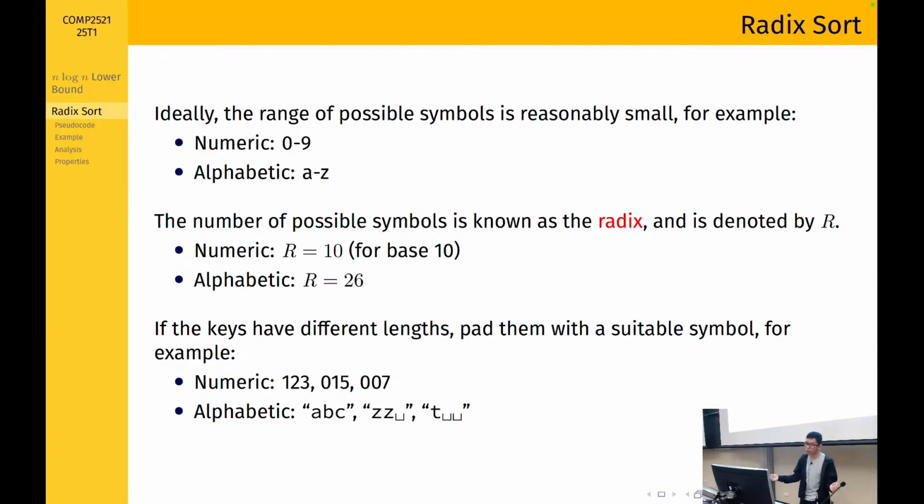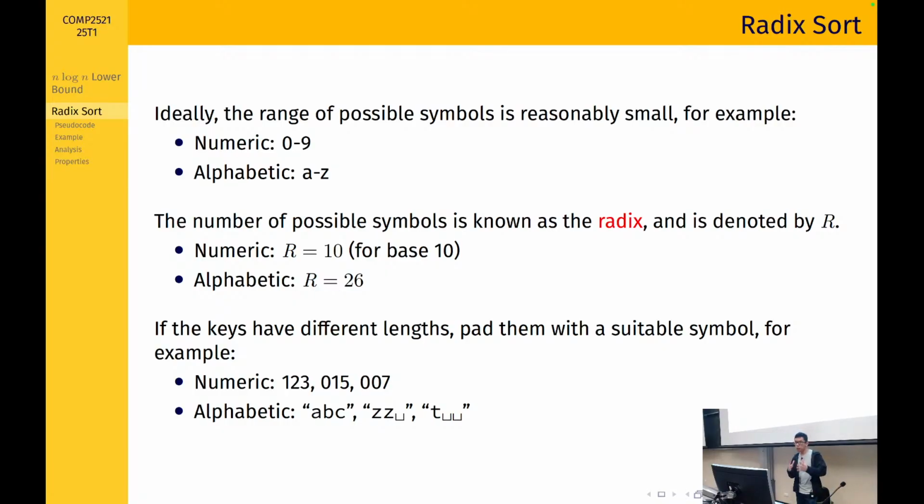If it's an alphabetic key, then we only have 26 possible symbols, from A to Z. The number of possible symbols is what we call the radix, and that's where the name of the algorithm comes from, radix sort. We use capital R to represent the number of possible symbols. So for numeric keys, R equals 10. For alphabetic keys, R equals 26.